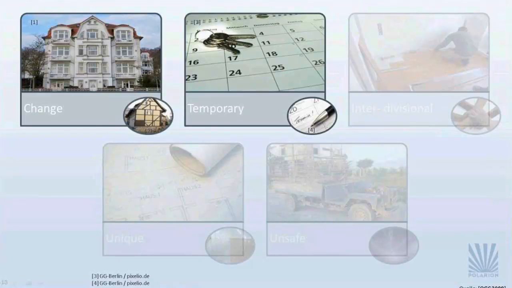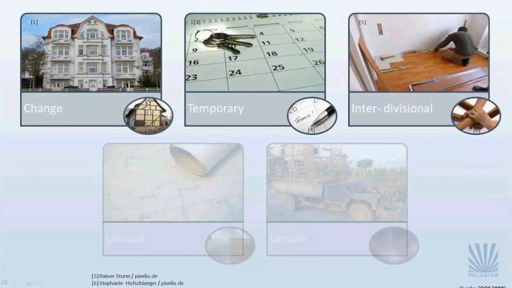If the project is finished, you might get into the next project or you might get back to your daily work. Projects are also interdivisional. So it could be that persons from different parts of the company are working together to make this change, to work on this project.